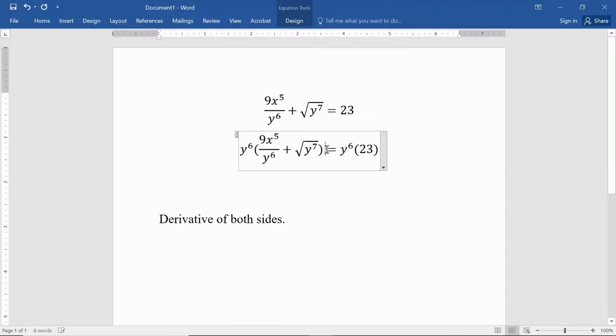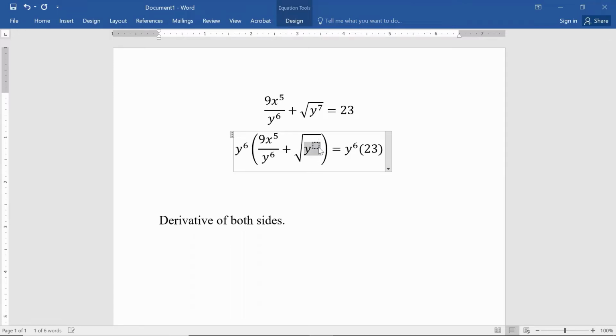On the left-hand side of the equation, it makes more sense to write square root of y to the 7th as y to the 7th to the 1/2 power, or y to the 7/2 power. Or my preference is y to the 3.5 power.